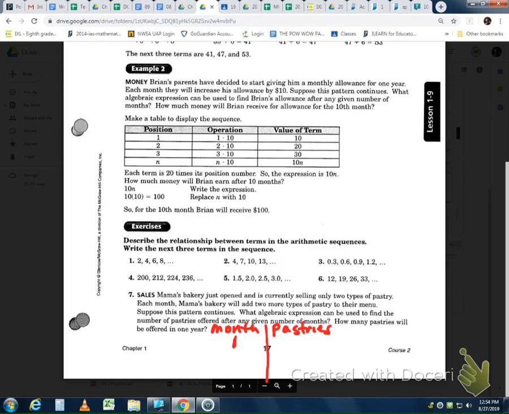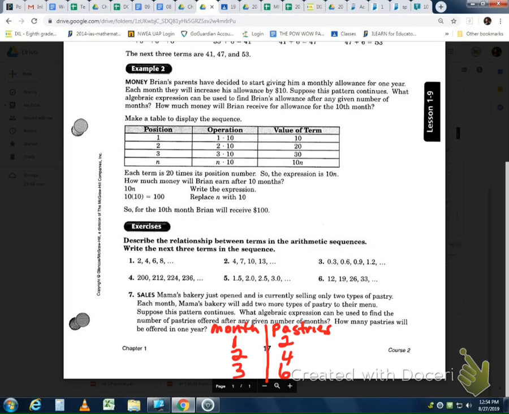For month 1, when they just opened, how many pastries were they selling? 2. So every month they add 2 more. So month 2, how many would there be? 4. What about month 3? 6. So how are they doing this?